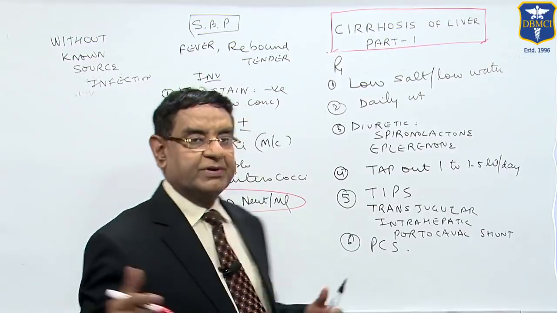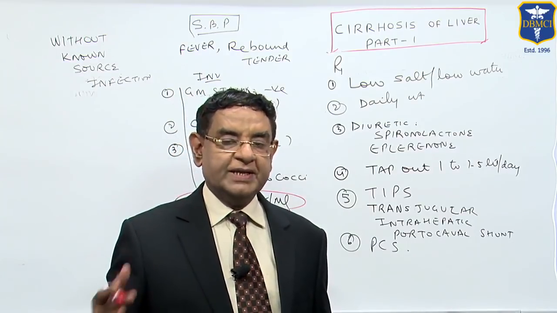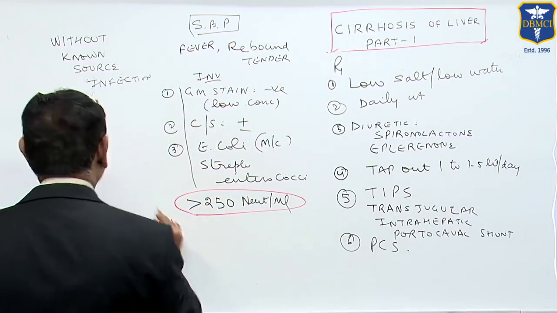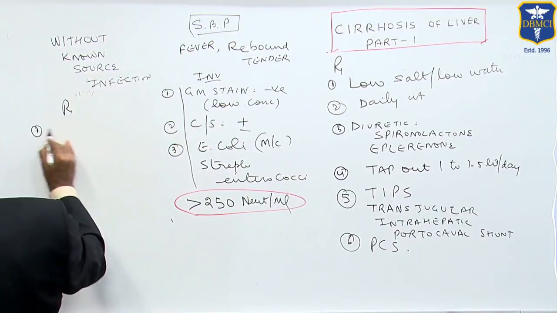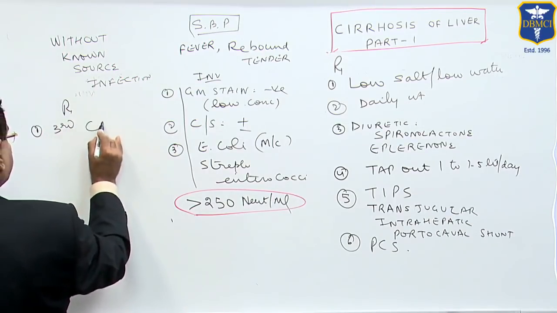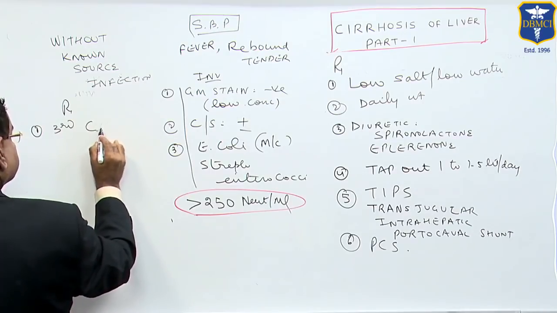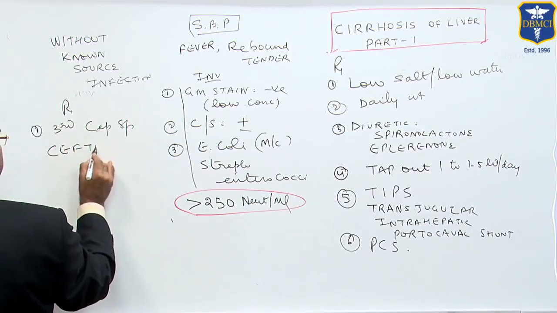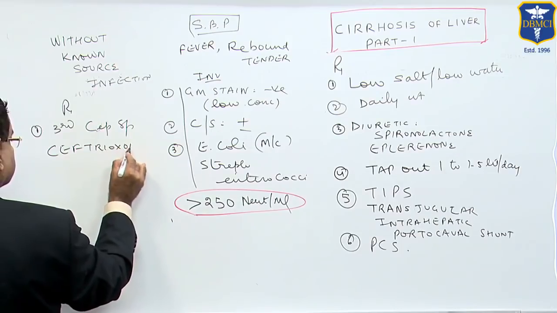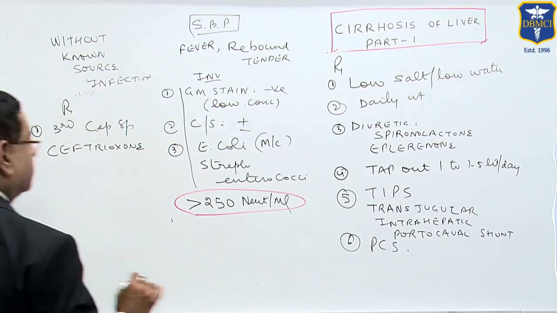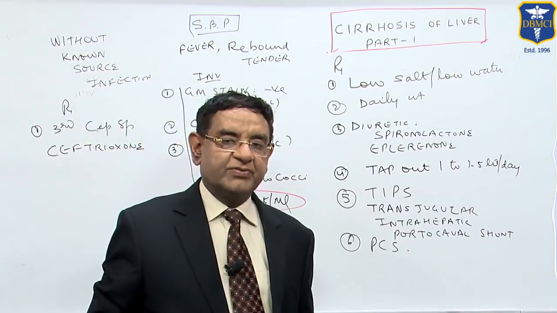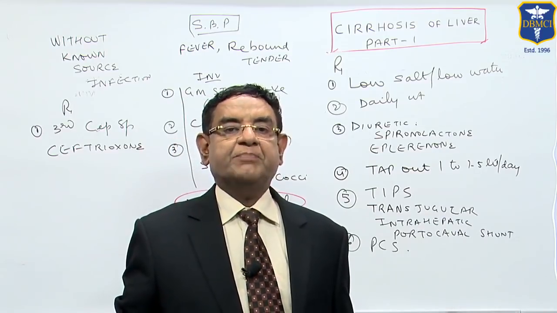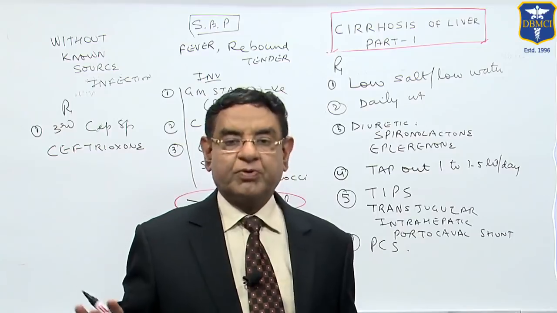Now you need to treat the patient in intensive care because mortality is as high as 70%. Treatment is by giving a third generation cephalosporin like ceftriaxone. Recurrence is very common. In fact, a patient of cirrhosis of liver having ascites needs lifelong prophylaxis.